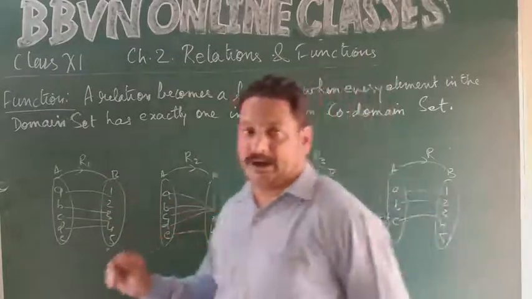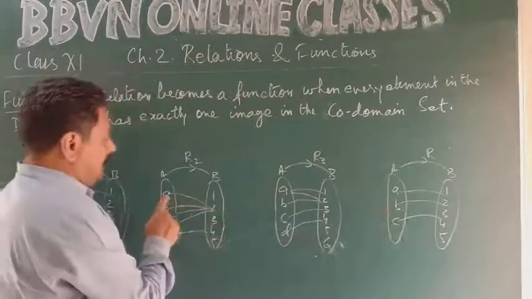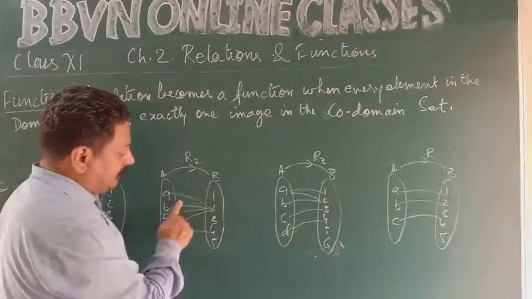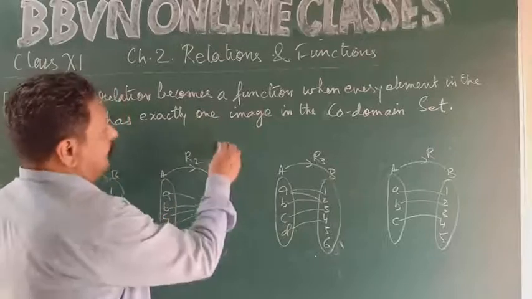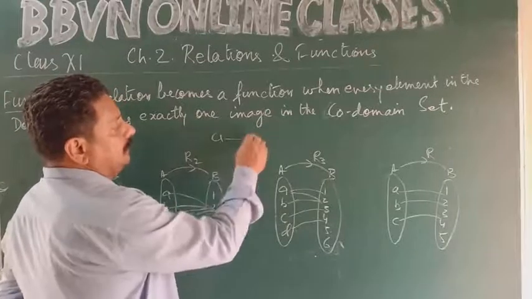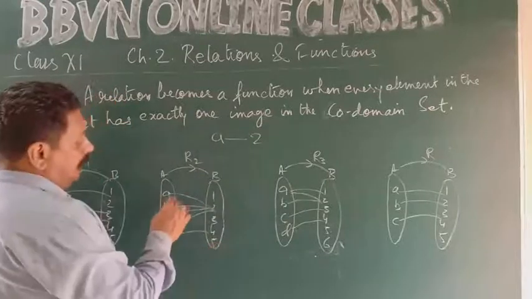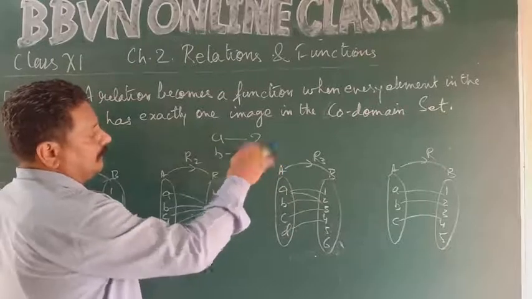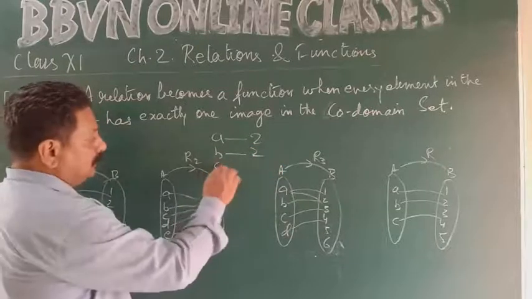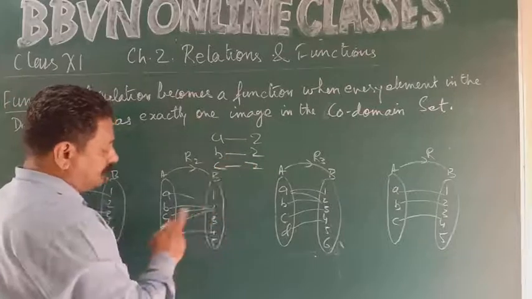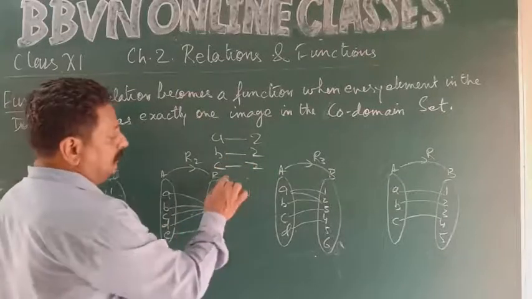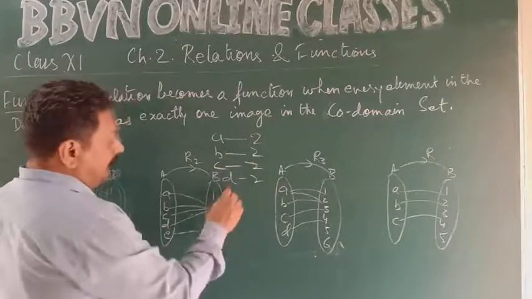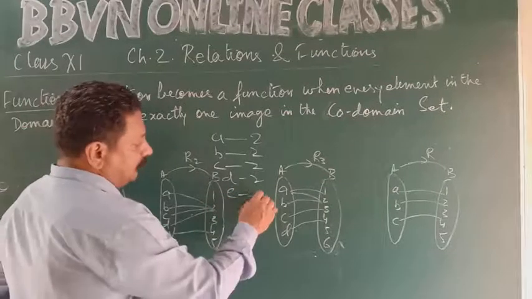Let us come to R2. Element A has only one image 2. Look carefully, element A has only one image 2. Element B also has only one image 2. C also has only one image 2. D also has the same image 2. Element E has another image 4.